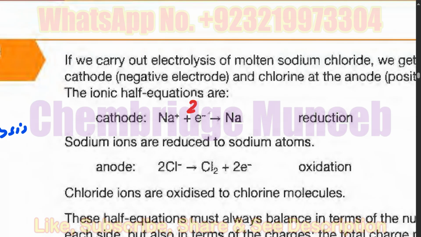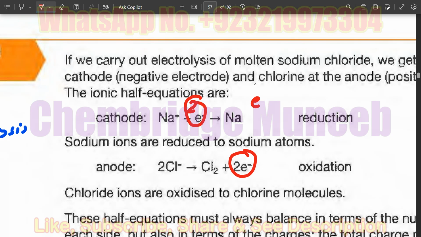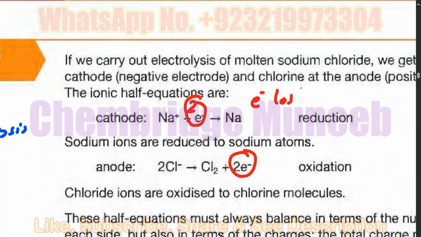I don't get it. We should have two electrons in both the equations so that the electrons lost must be equivalent to electrons gained. That's the principle, that's the rule of the redox reaction: electrons lost must be equal to electrons gained. Is that clear?